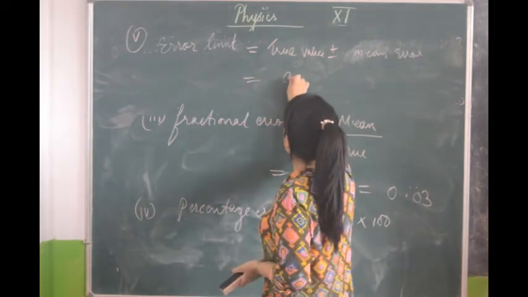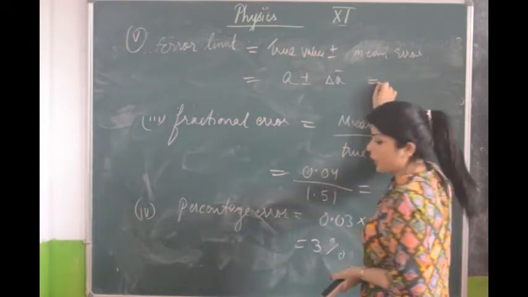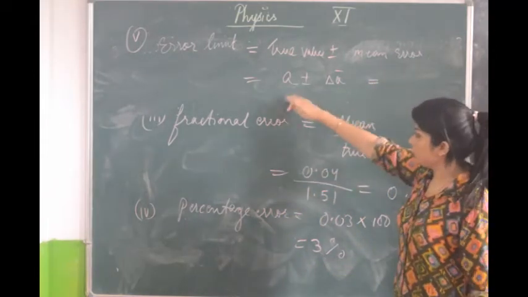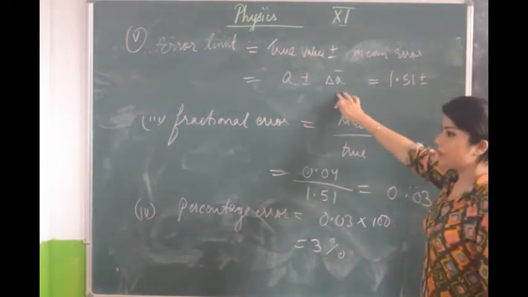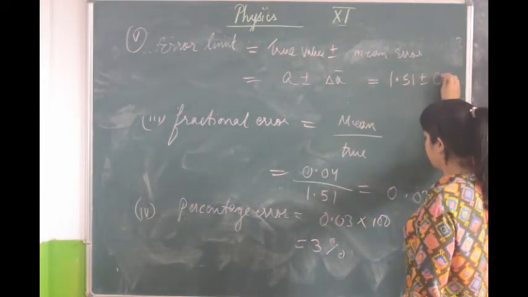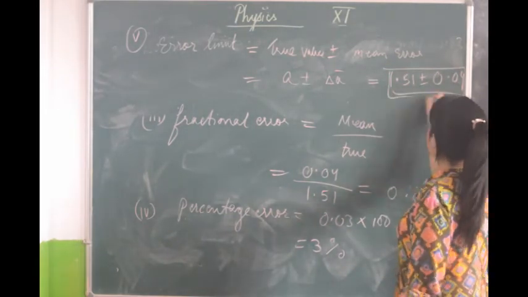So it is A plus minus delta A bar. The answer for this numerical is A is 1.51 plus minus delta A bar, which is 0.04. This is your fifth answer.